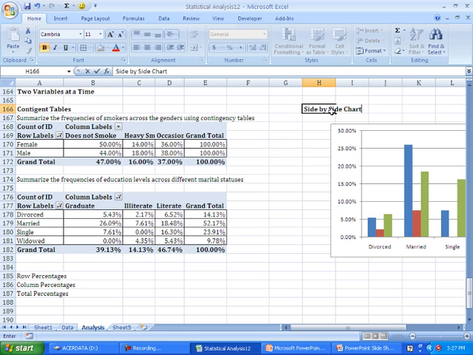So either I can represent the two variables at a time in a tabular format, like the pivot tables, which are technically called contingency tables, or I can present it in a chart form where I use a pivot chart, or technically a side-by-side chart.